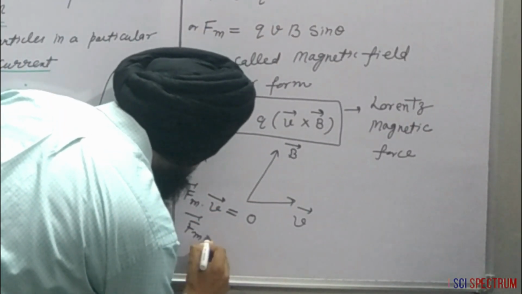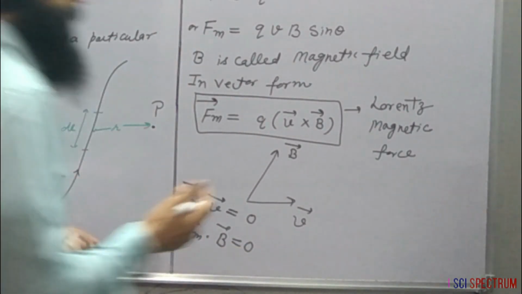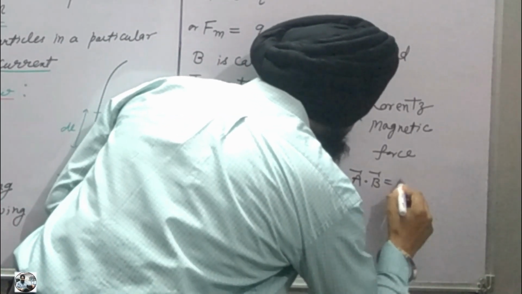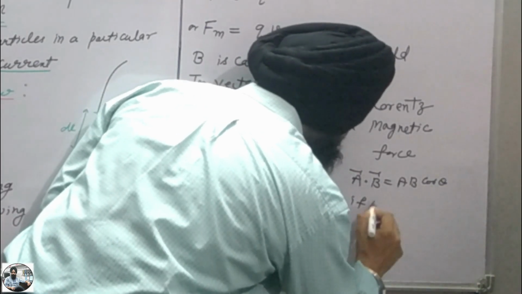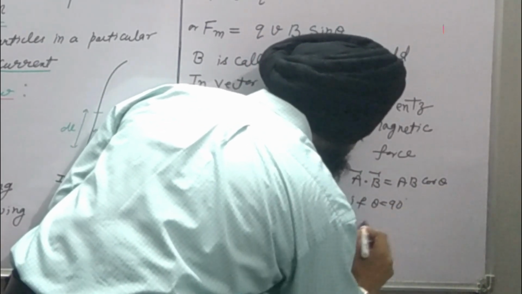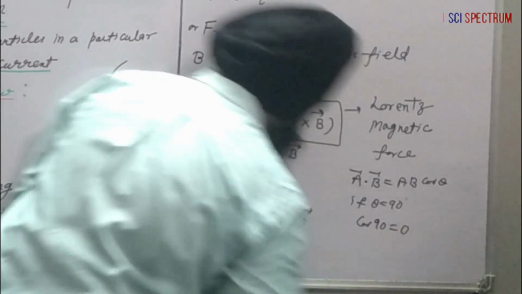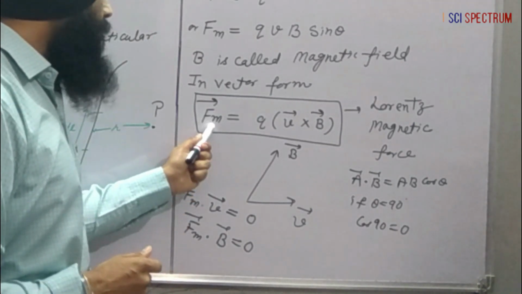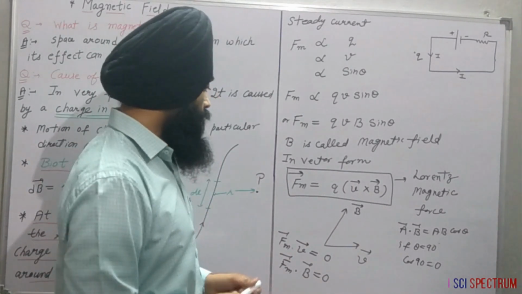So we can say that Fm dot v is 0 and Fm dot B is 0, because the dot product says that A dot B is equal to AB cos theta. If theta is 90 degrees, then cos 90 will always be 0. This means the force Fm is perpendicular to both v and B. So this is all about the direction of force.